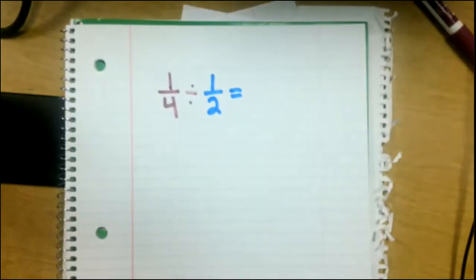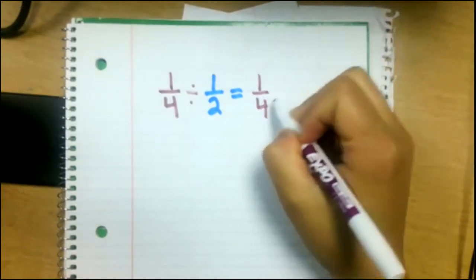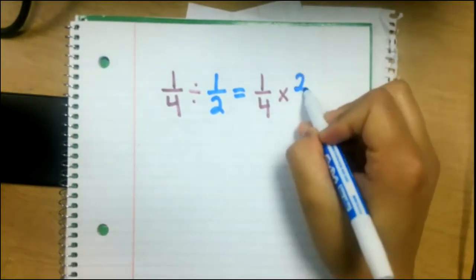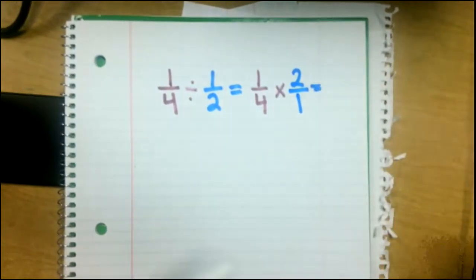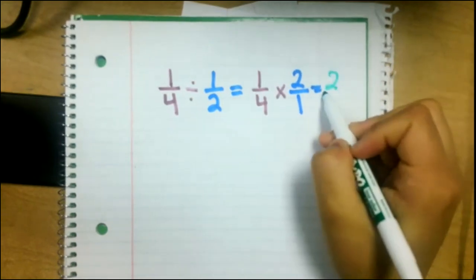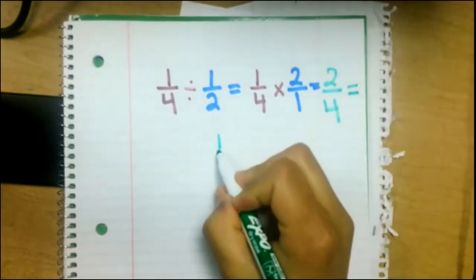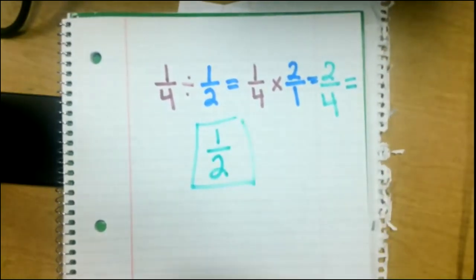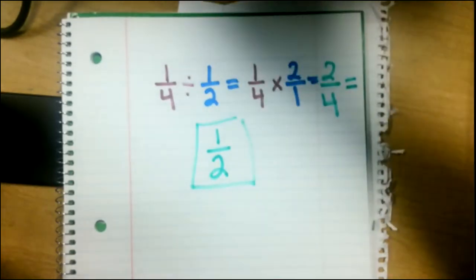So 1/4 divided by 1/2 is the same thing as 1/4 times 2/1. Remember, we multiply by the reciprocal. And 1 times 2 is 2. 4 times 1 is 4. If we simplify this, we get 1/2. That is our answer. Okay, so I just saw some mistakes in calculations.